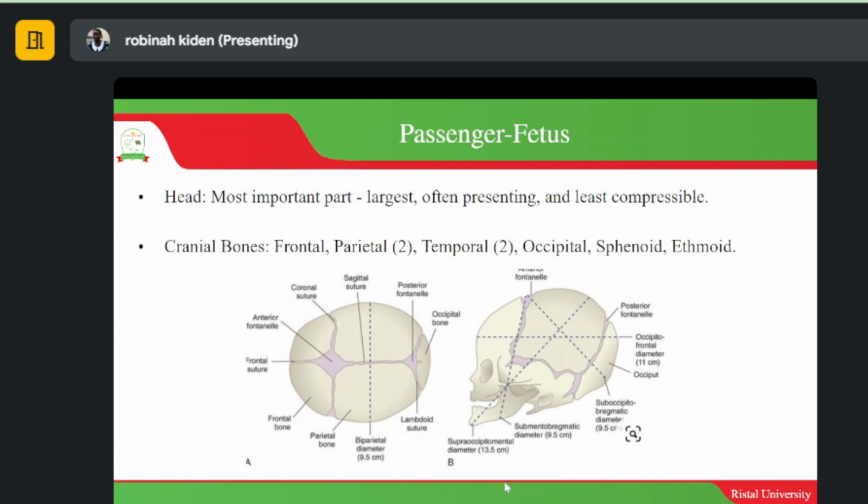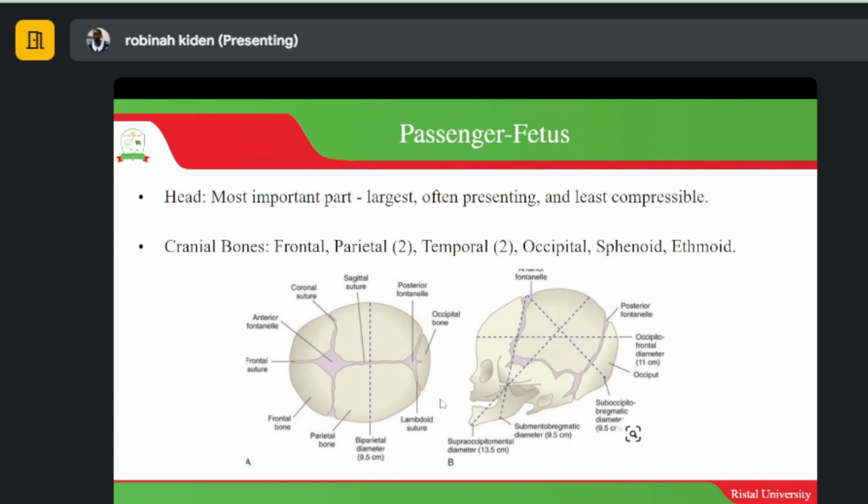Then we have the mental pragmatic measuring 9.5. Then we have the supra occipital mental, which is measuring 13.5. Then the sub occipital pragmatic 9.5.